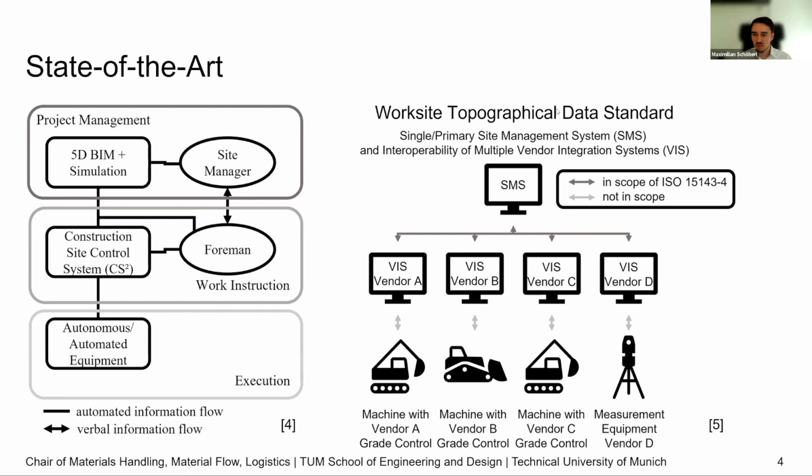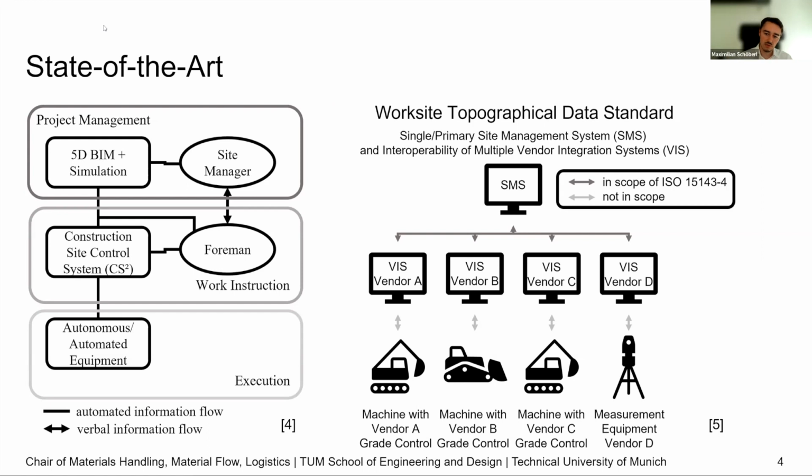The most interesting piece we found reflecting this system view is the new ISO standard under development, the ISO 15143-4 standard, which is concerned with topographical data exchange on construction sites.